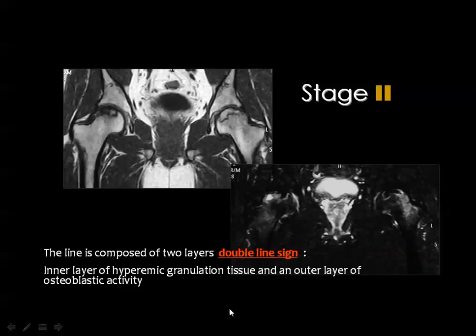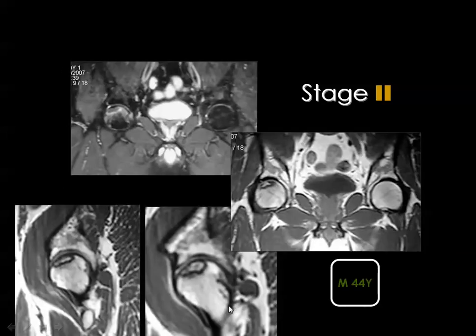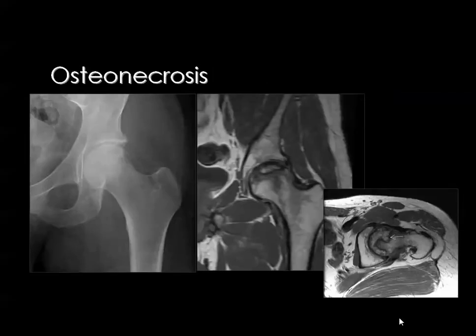Then, starting with stage 2, there is a line, and this line will separate the dead bone from the viable bone. If the dead bone is exactly similar to the viable bone in signal intensity in T1, T2, and STIR images, then you consider stage 2, which is an early stage, as you can see.